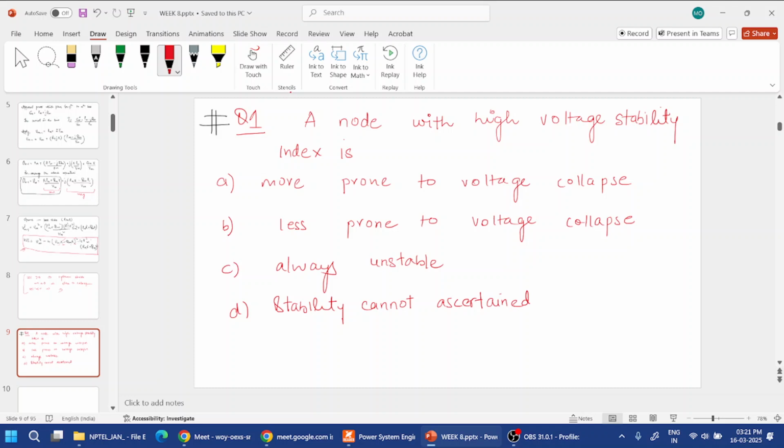I just told you about that. A node with a high voltage stability index is: the first option, more prone to voltage collapse; less prone to; always unstable; or stability cannot be ascertained.